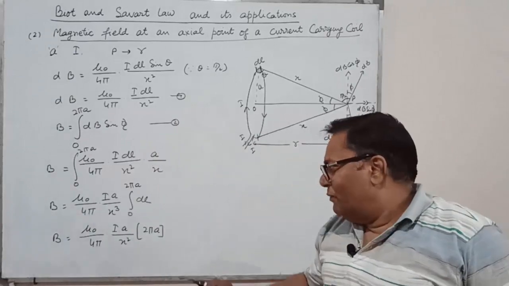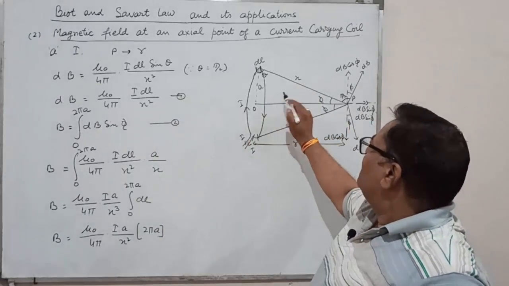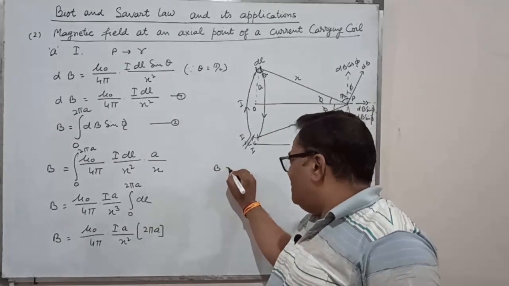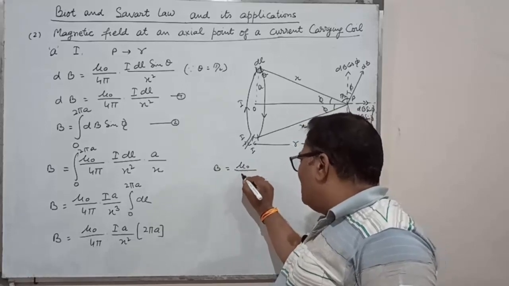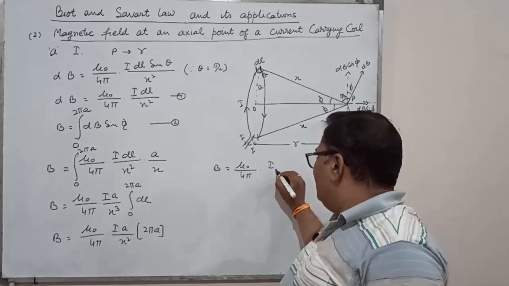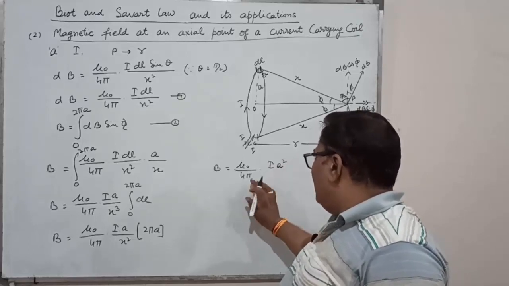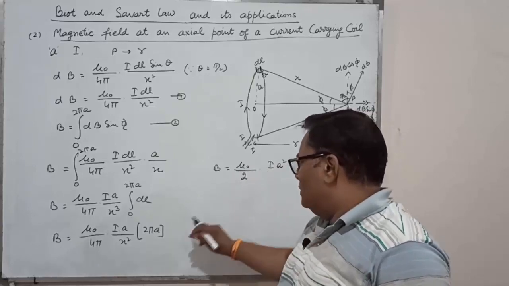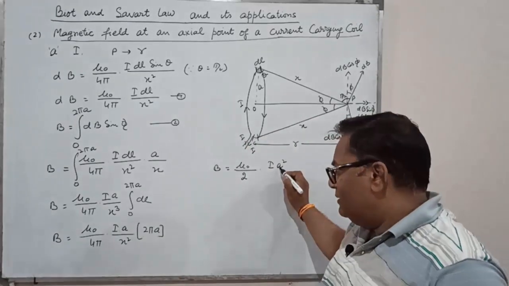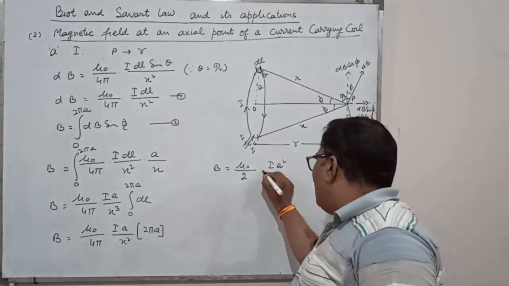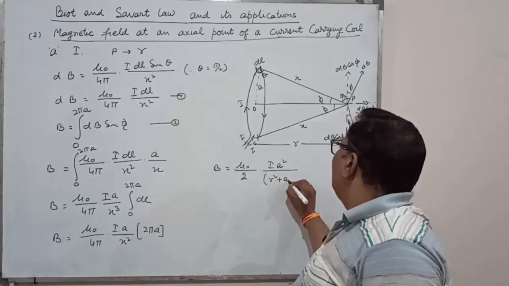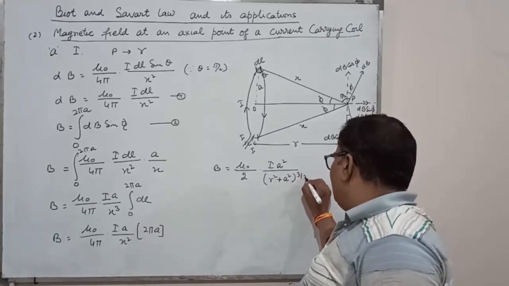और from the figure x is equal to under root a square plus r square. Then B is equal to mu 0 upon 4 pi I a square and here this is 2 pi; 2 pi से ये कैंसिल हो गया तो mu 0 upon 2 I a square upon x, this is r square plus a square to the power 3 by 2.